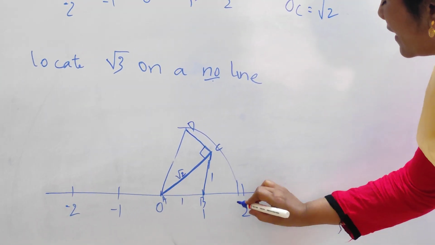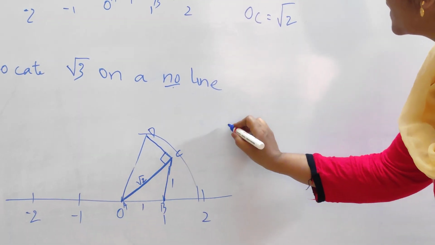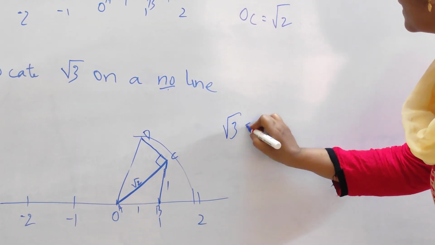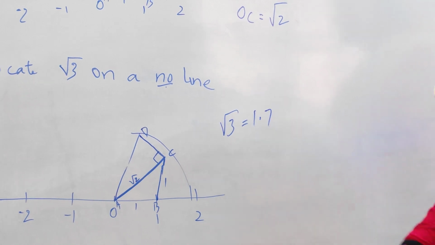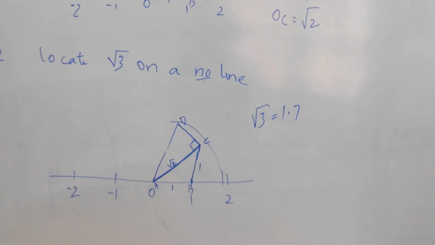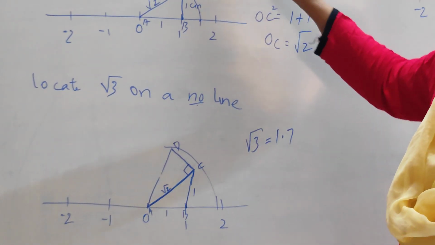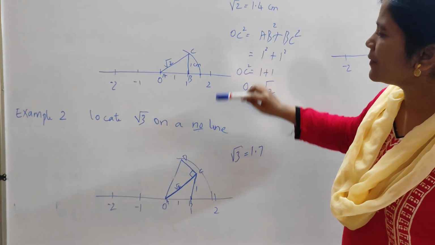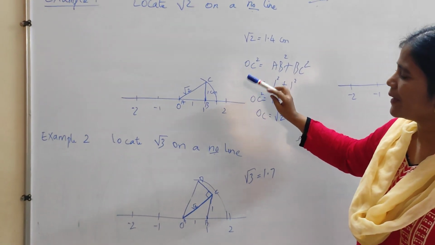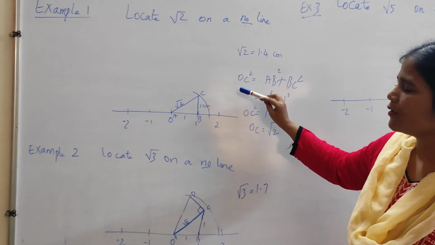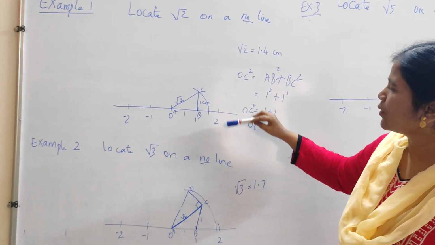This will be exactly coming towards 1.7. So what is the root 3 value when you measure with your scale? You get 1.7. So now whatever rough work we have done on the board, children, the same thing I will be doing with the pen and paper with the instruments in my book and explaining to you.